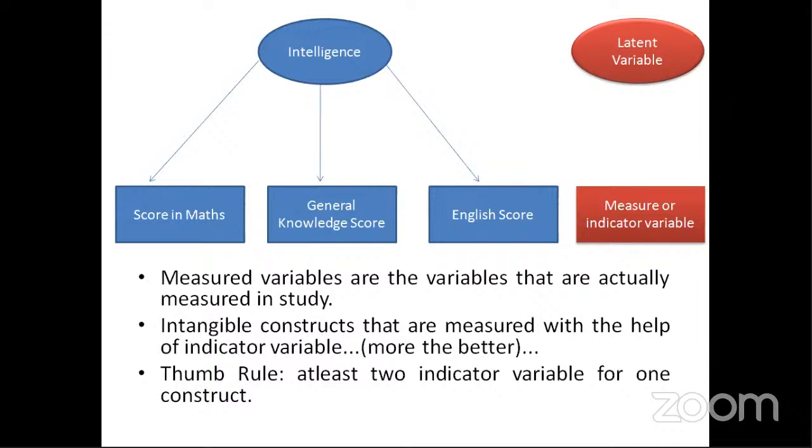Be very clear on that point, even in your Amos chart, when we will be drawing the actual diagram in Amos: the thing represented in an oval is a construct, and the thing represented in a square is the measured or indicator variable. The square part will come from the SPSS data file. The oval, the name will be given by us.